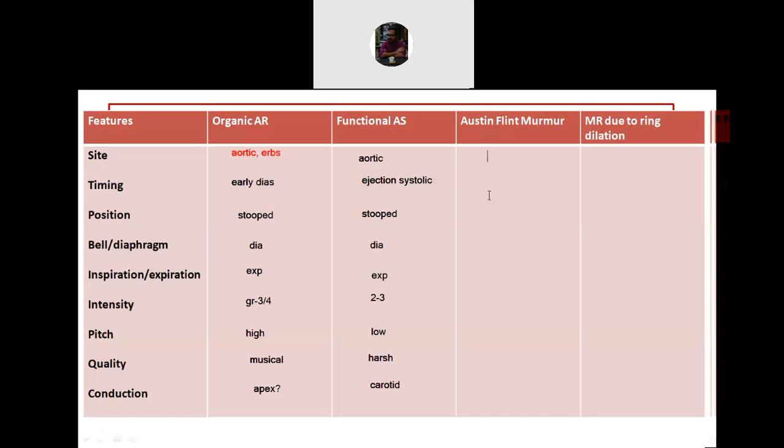This backflow of blood from aorta to left ventricle causes two effects. As a forward effect, there is less blood in aorta during diastole. And as another effect, there is volume overloading of left ventricle.